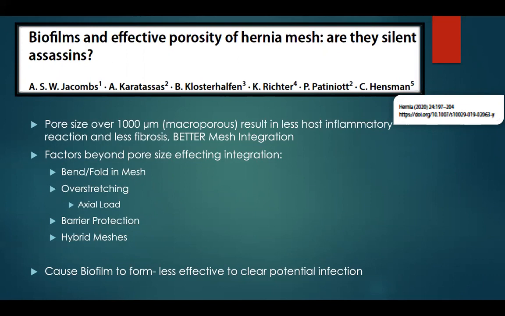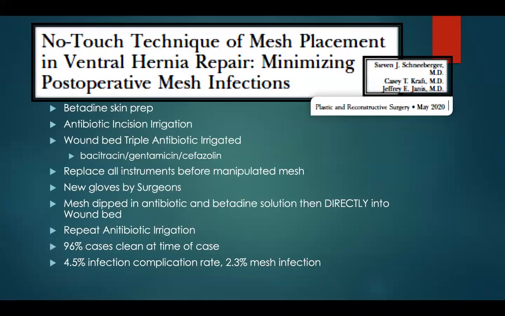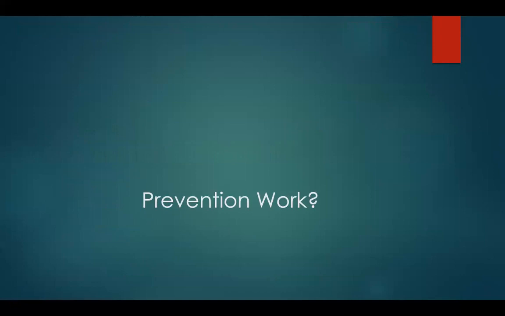And when it affects mesh integration, it's going to affect the ability to salvage that mesh should it get infected. Also, the same effects have been seen, as they mentioned here in the paper, for hybrid meshes, those bioprosthetics. All of these factors could then result in a biofilm to form, which is then less effective to clear the potential infection.